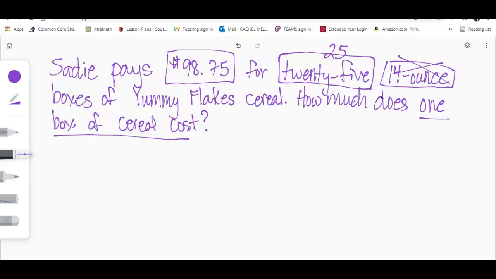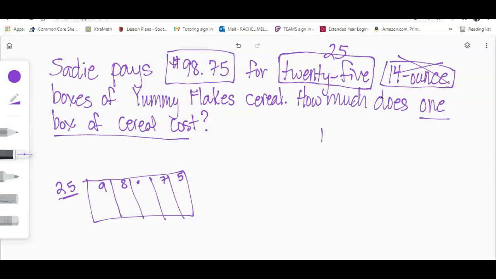So what we need to do is $98.75, and we're dividing that between 25 boxes. Last time we did guess and check, so this time we're going to do repeated addition, which should be pretty easy because we should kind of know 25s if we think of our quarters, right?